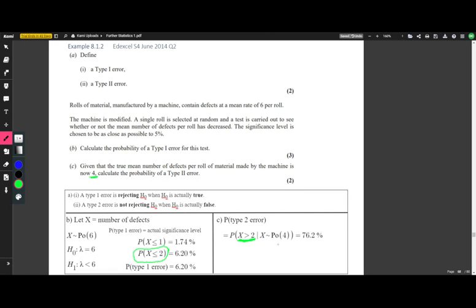So using Poisson 4 on the calculator or the tables, work out the chance X is more than 2. So you're going to do 1 minus the probability X is less than or equal to 2, either using Poisson CD on the calculator or the tables. Make sure your lambda is 4 here, not 6. And we get 76.2%.